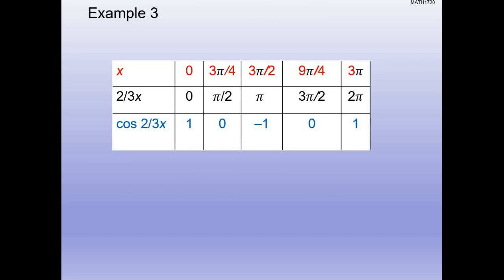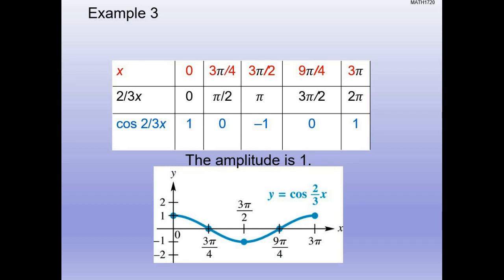Now we're able to actually plot these values, and here's what they look like on the table. If we use cosine of 2/3 x, the amplitude is still 1. There's no change in what value is in front of the cosine here. So when we plot this, we're going to plot it from 0 to 3 pi, and the only things we're plotting are those points that we just came up with: the left and the right endpoint, the midpoint of that, and then the quarter point and the 3/4 point.